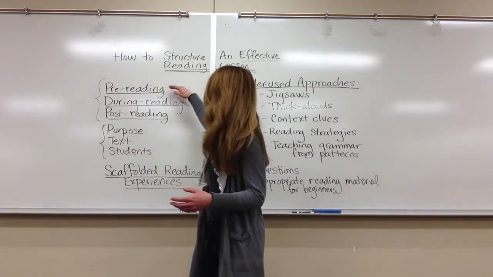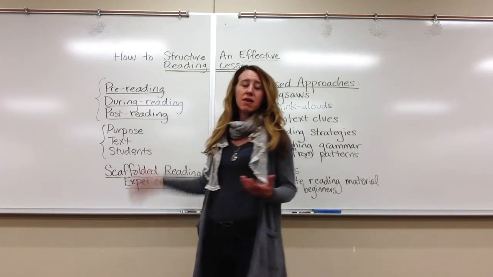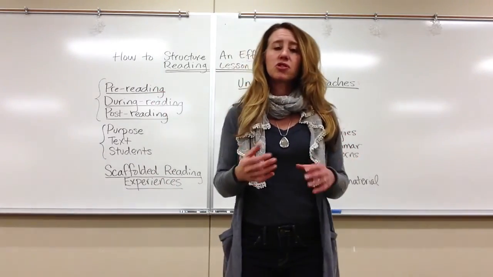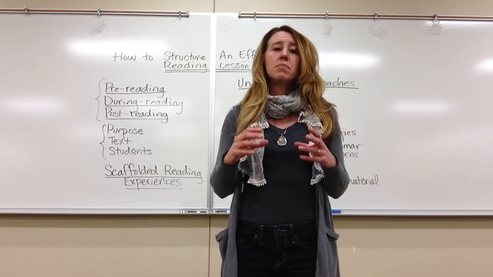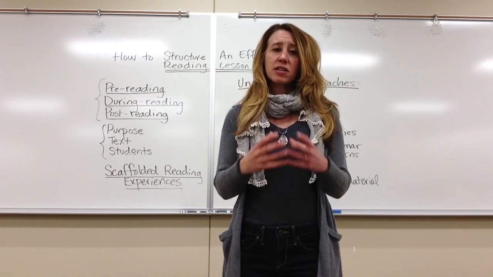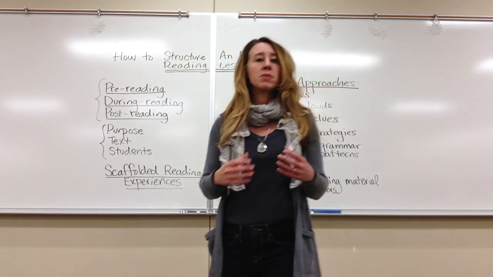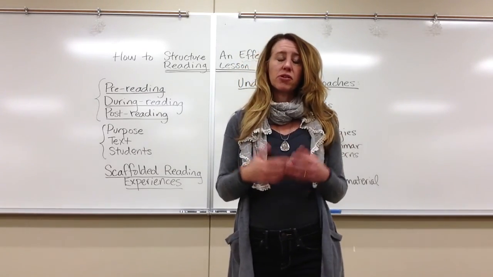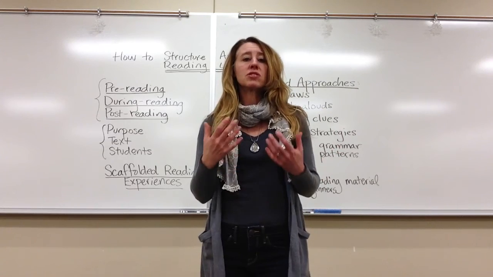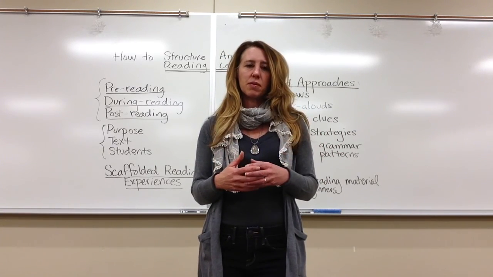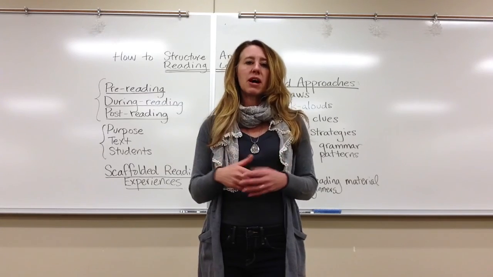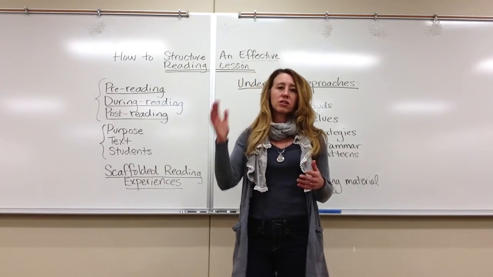You would also be supporting them with bottom-up. So you might be picking out some key vocabulary items and making sure that the students have access to those meanings. That might be because you teach those vocabulary. That might be because you have the students guess about them and look to see if they see any clues about what they mean. It might be that you point out the glossary that's along the side of the page.